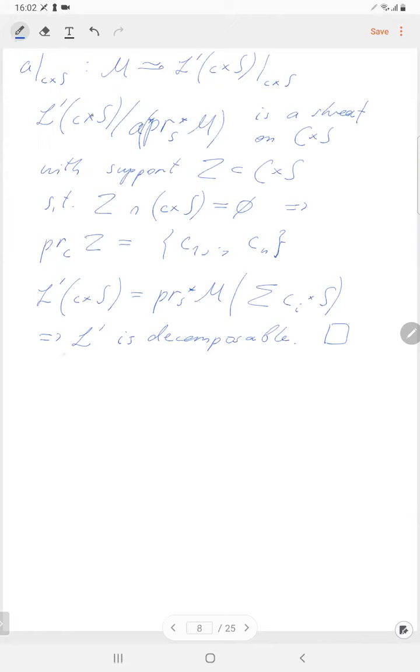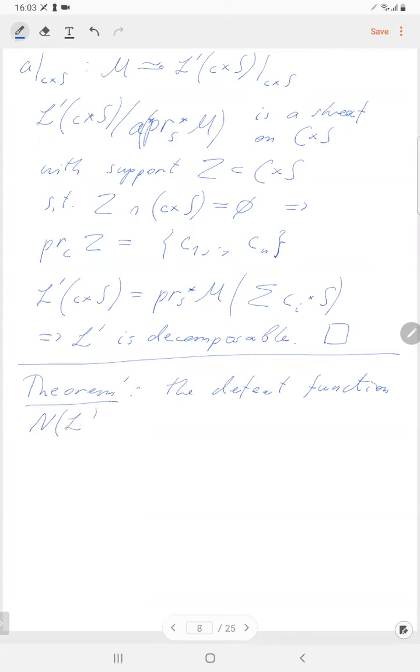And now let's at least formulate the next theorem, the quadratic form. So the defect function n of L is quadratic. And what does it mean?